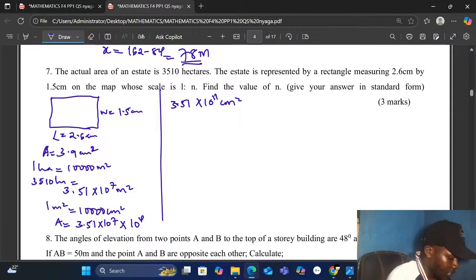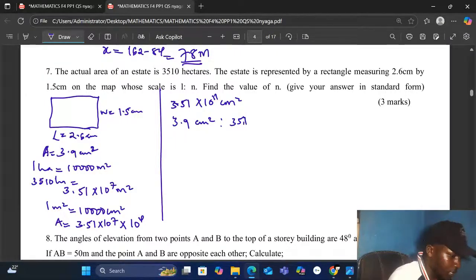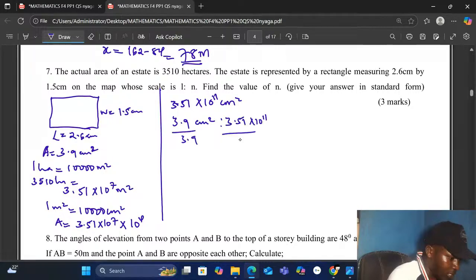Now we find the ratio. And the ratio they're saying is 3.9 cubic centimeters to 3 times 10 power 11. So 0.9.